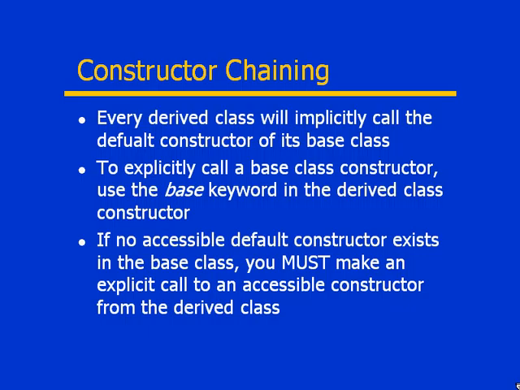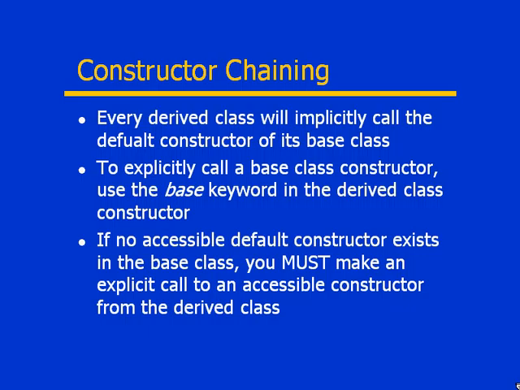Every derived class will therefore implicitly call the default constructor of its base class. Remember that that default constructor is the one that doesn't accept any parameters. Now, as long as there is a constructor that doesn't accept any parameters in the class that you're deriving from, then you don't have to worry about creating any explicit calls yourself. Everything will work out just fine.